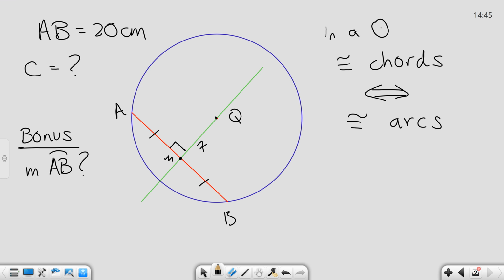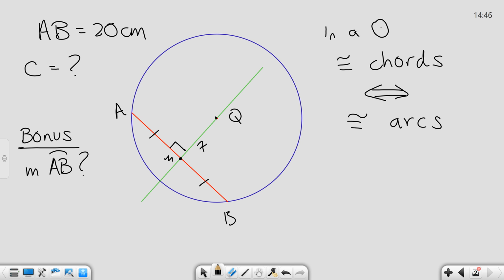Wouldn't it be 180? Wait, would it be 180 minus 90 divided by 2? No, they're not equal.